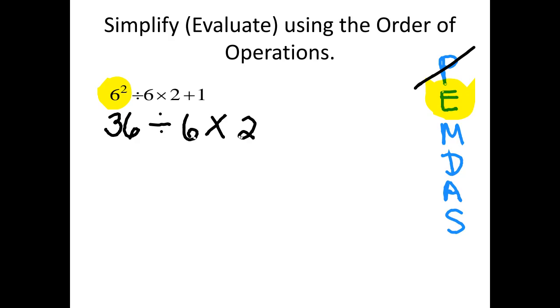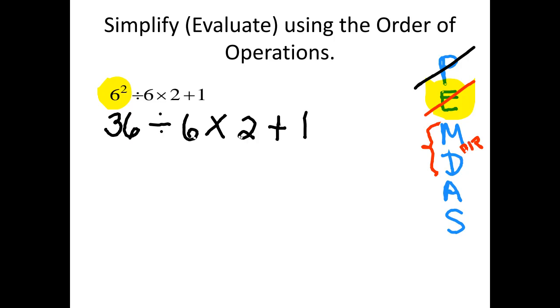Now, do I have any more exponents? No. Now, this is where you have to be careful. Multiply or divide from left to right, whichever comes first.